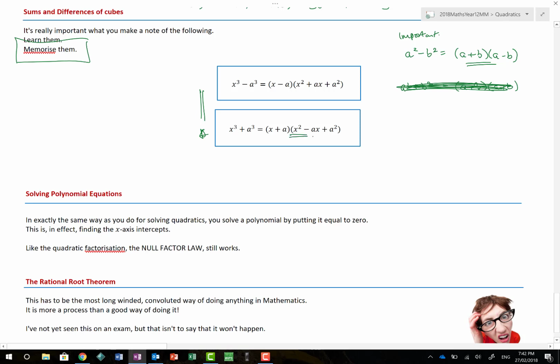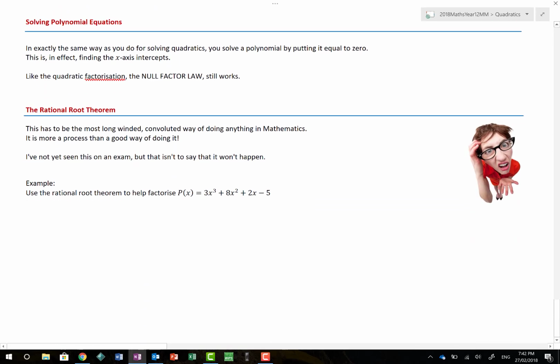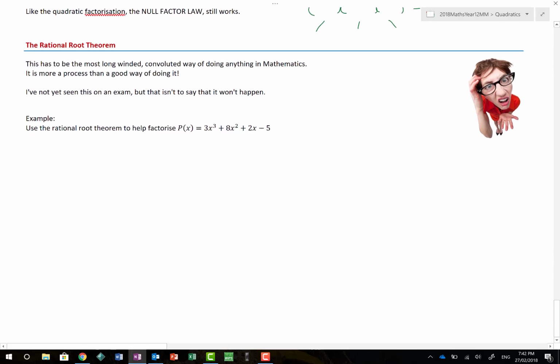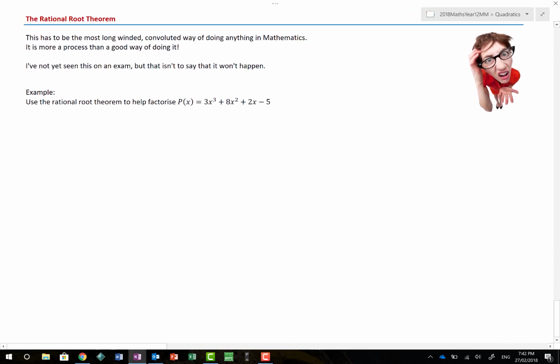into something here. Solving polynomials, as we've done previously, when we want to solve polynomials, if I have 3 linear roots and put them equal to 0, then we use the null factor law to find the solution, and I don't need to explain any more on that until we get to this fabulously, confusingly bizarre rational root theorem.